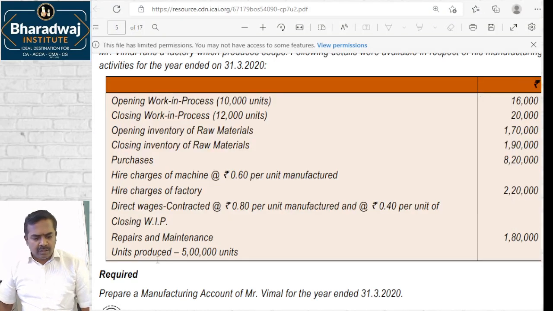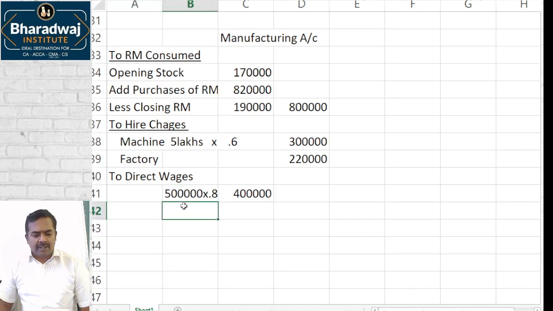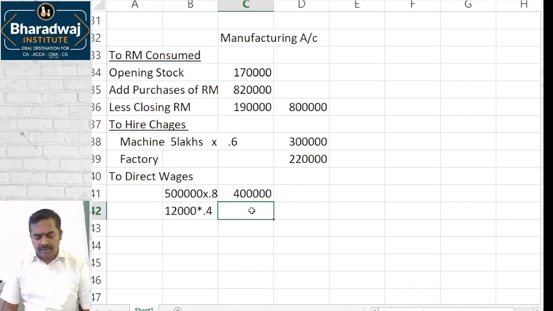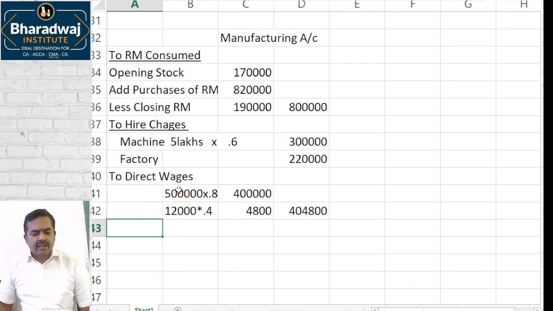Then for closing WIP, what is given? 0.4 per unit of closing WIP. What is the closing WIP? 12,000 units into 0.4. How much will come? Direct wages. Any doubt in it? 0.8 per unit manufactured, 0.4 per unit of closing WIP.